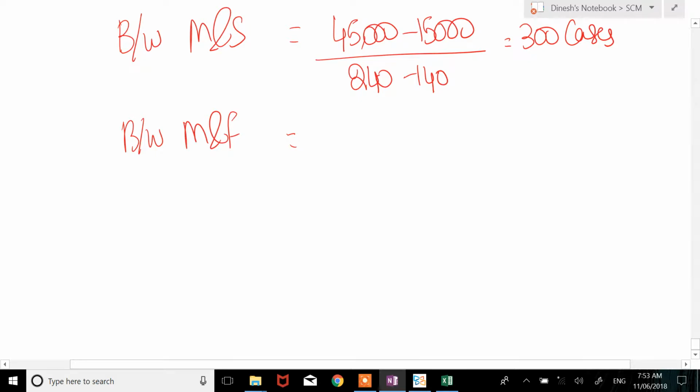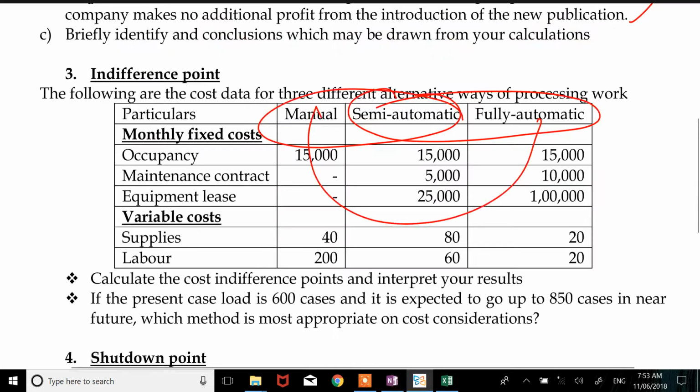Then between manual and semi-automatic is 300 cases: 45 minus 15 divided by 240 minus 140. How much is fully automatic?